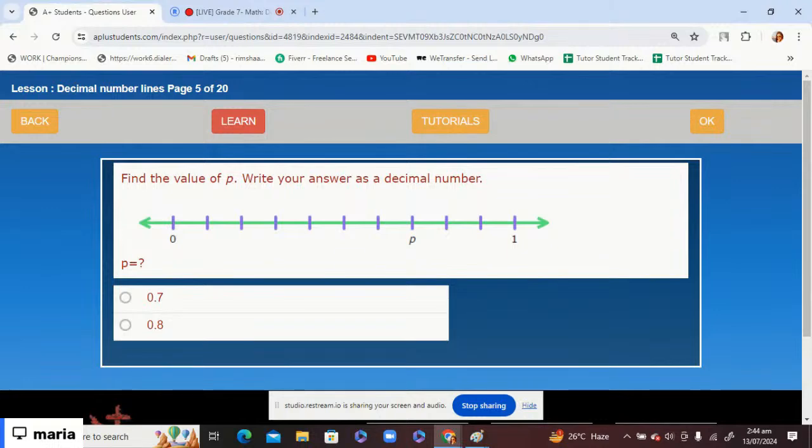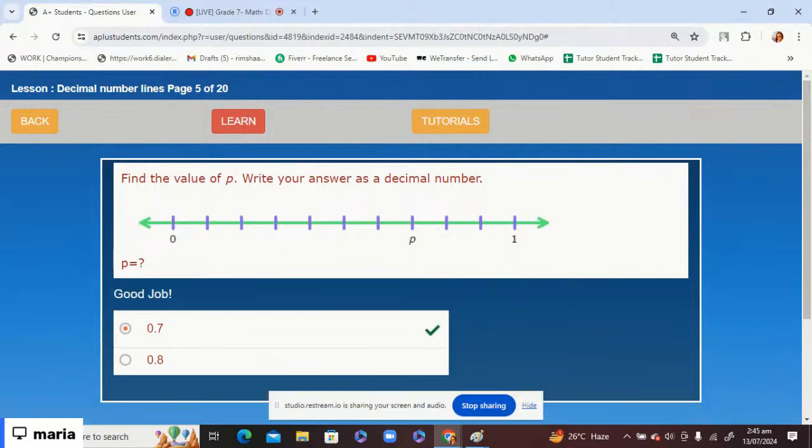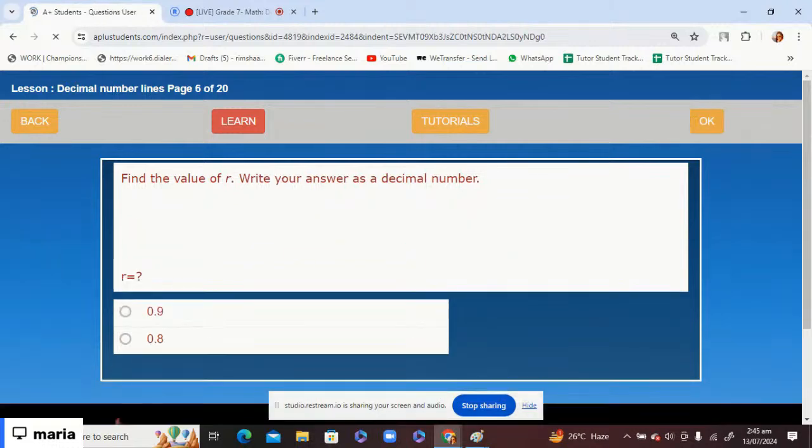Yes, everyone. Count this: 1, 2, 3, 4, 5, 6, 7. It lies on the seventh place, so we can say that it's 0.7. Let's check. And that is the right answer.